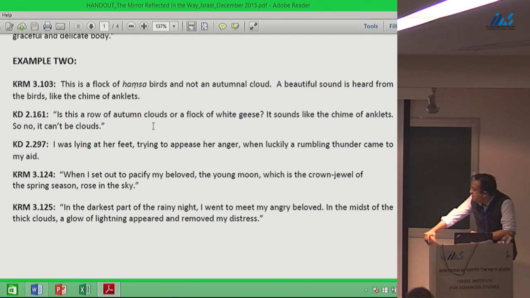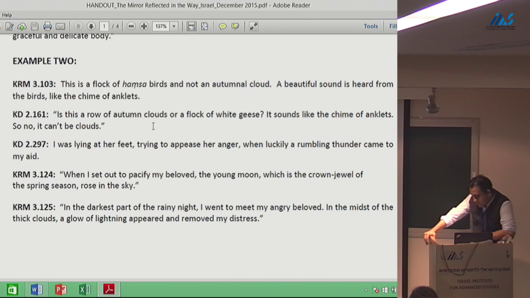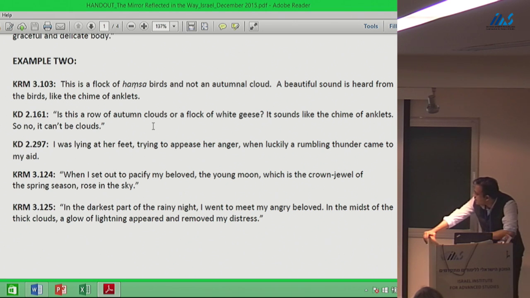The first one is: "When I set out to pacify my beloved, the young moon, which is the crown jewel of the spring season, rose in the sky." So this first verse replaces Dandin's thunderclap with the moon. The second verse is: "In the darkest part of the rainy night, I went to meet my angry beloved.